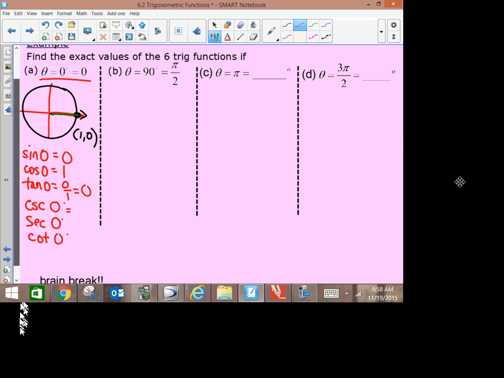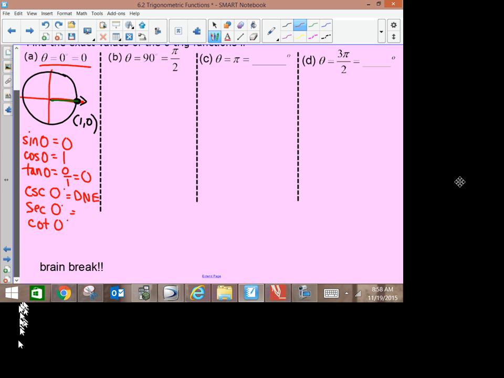So I'm flipping around 0. What happens? Can't do it. So what does that mean? Does not exist. That's right. You flip around 0 over anything, 0's on the bottom, you got a big problem. When you flip around 1, what do you get? Still 1. When you flip around 0 over 1, does not exist again.